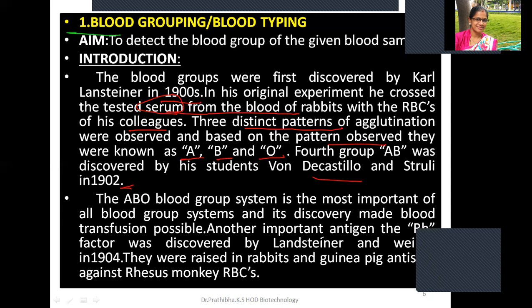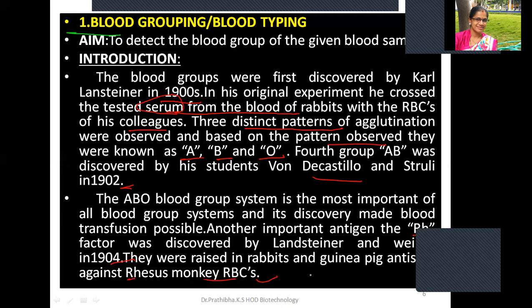Another important antigen, the Rh factor, was discovered by Landsteiner and Wiener in the year 1904. They raised antisera in rabbits and guinea pigs against the RBCs of rhesus monkeys. It was observed for the first time in rhesus monkey RBCs, and to honor that work they gave the terminology Rh, from the rhesus monkey.